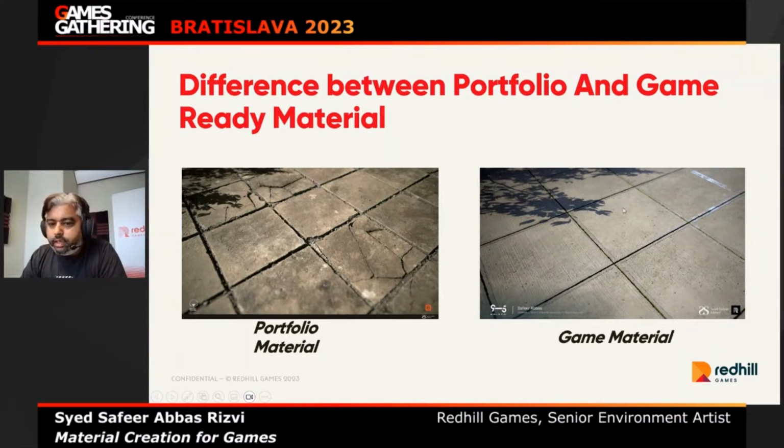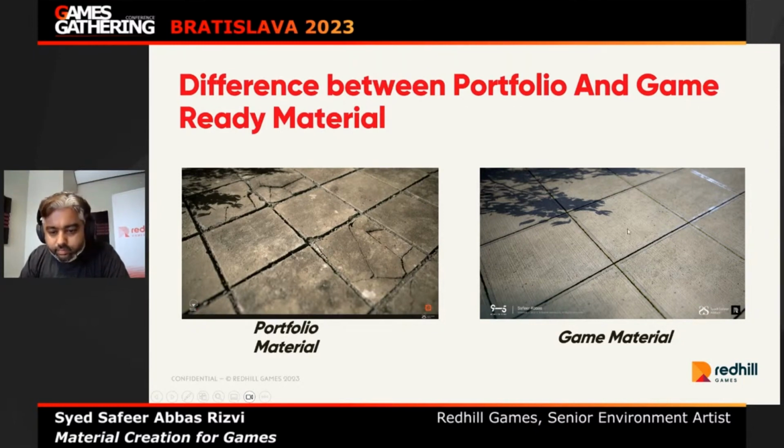When you put this material on a bigger surface like 8 meters, 10 meters, or 20 meters, it will look like a very generic material, and your eye won't pick anything out while you use this material on a bigger surface. There are no big cracks or anything going on in this material. Although if we're looking at those two images, it looks like, okay, this material is not that good, it doesn't have that much detail, and the other one has more detail.